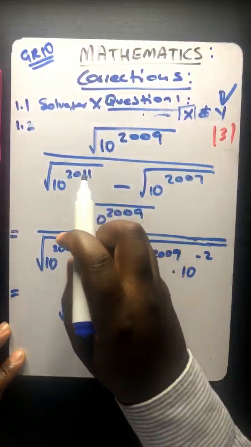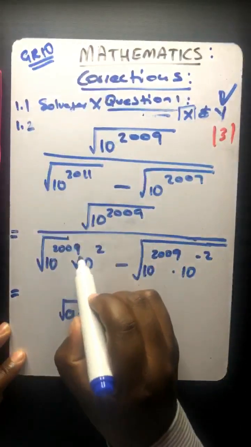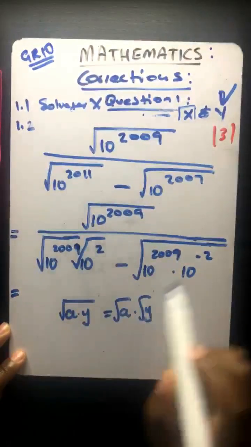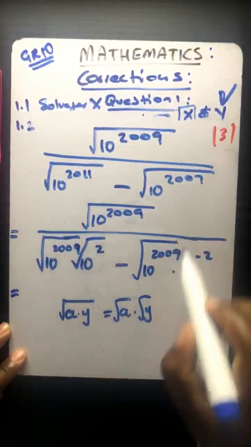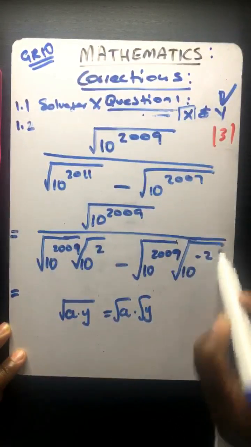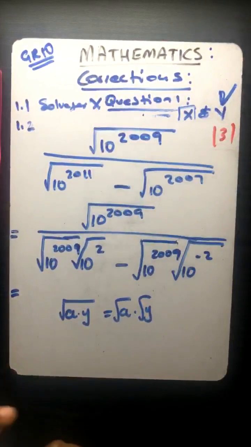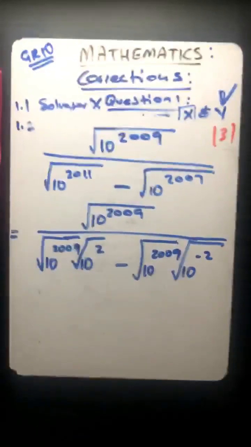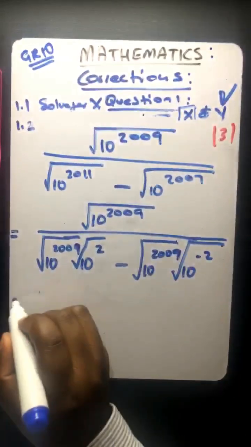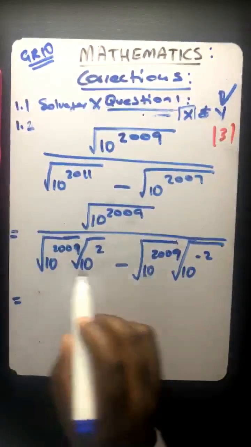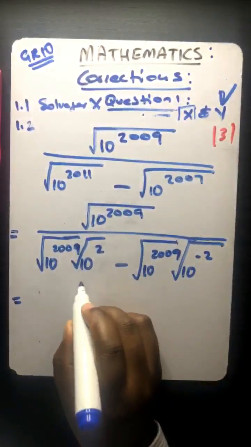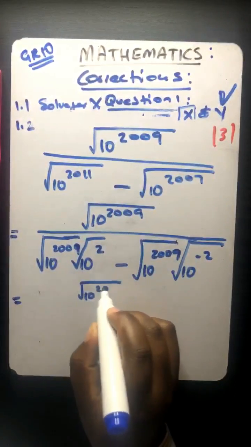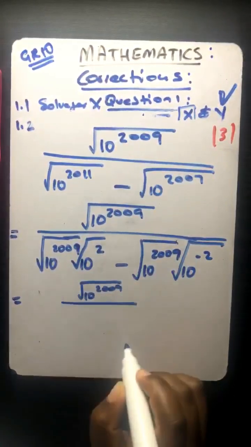So that means this is the square root of 2009. Also, it is the square root of that. So that means this is also the square root of that, the square root of that. I'm only doing that because I notice I'm running out of space. But now, I'm not sure if you guys are able to notice a common factor there, because here we have 10 to the exponent 2009, all of that divided by.